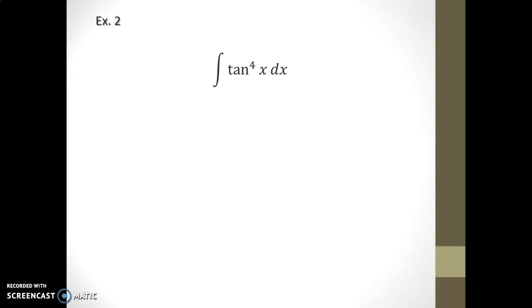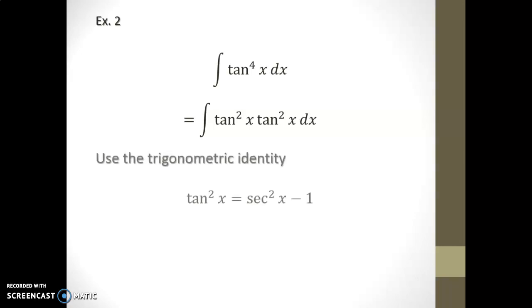The task is a little bit more complicated with tan of x to the power 4. However, the same approach might actually be helpful. Let's suppose we break up tan x to the 4 into tan square x's and use the same trig identity as we had before, where tan square x is replaced by secant square x minus 1.